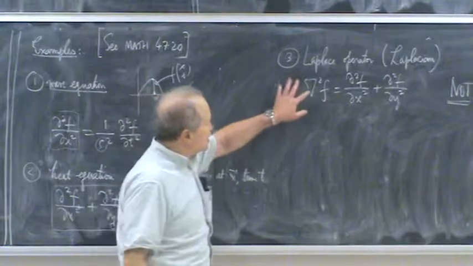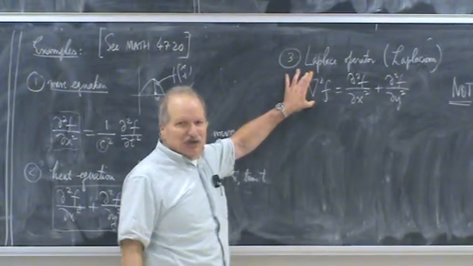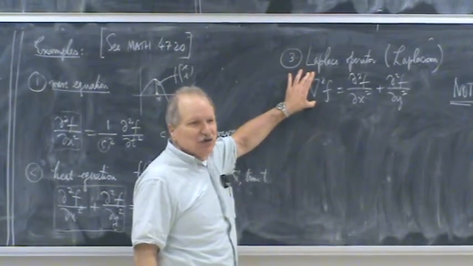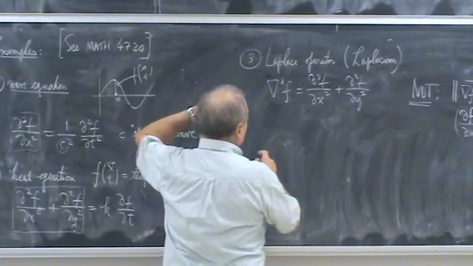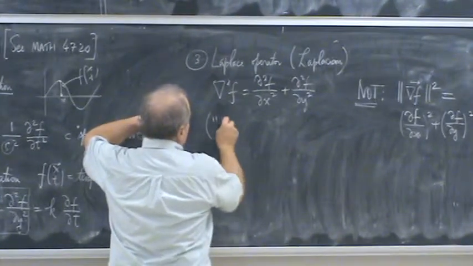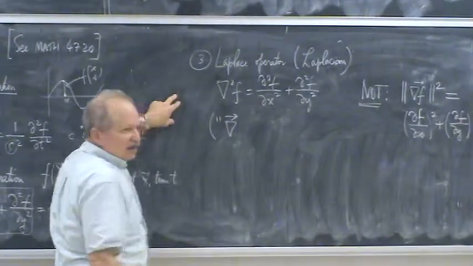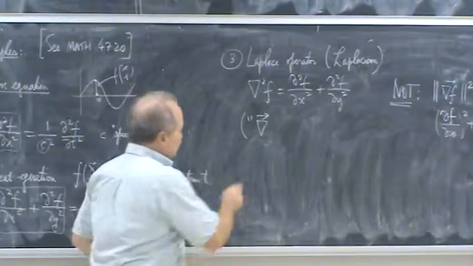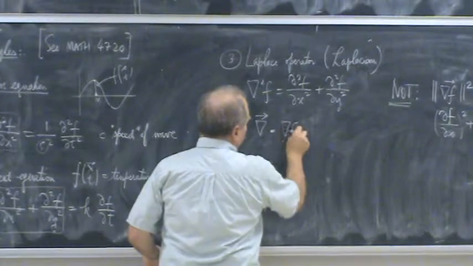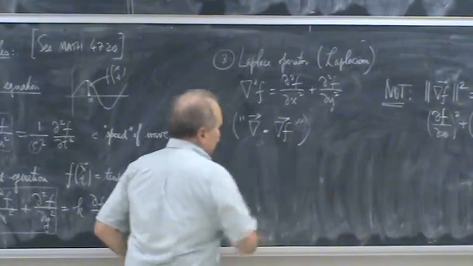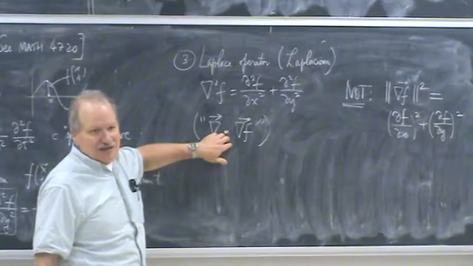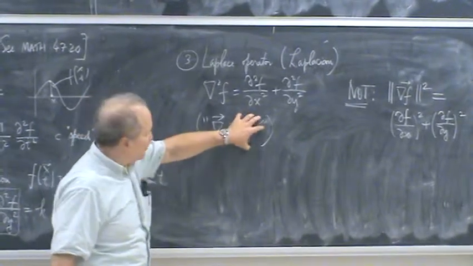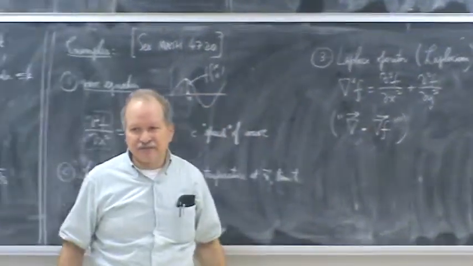So this is physicist notation. Mathematicians don't like this actually, but we'll see a reason for this next semester. This is actually coming from taking the gradient and thinking of it as an operator and dotting it with the gradient of f. So we will find out next semester. This is called taking the divergence of the gradient, and that's what the Laplacian is.